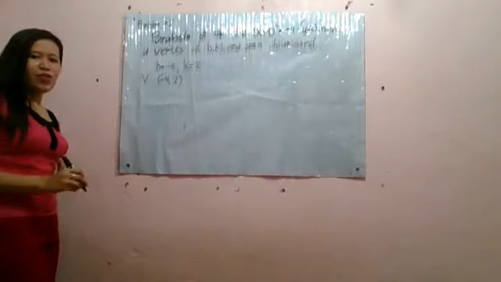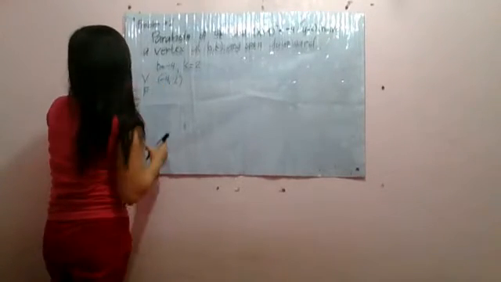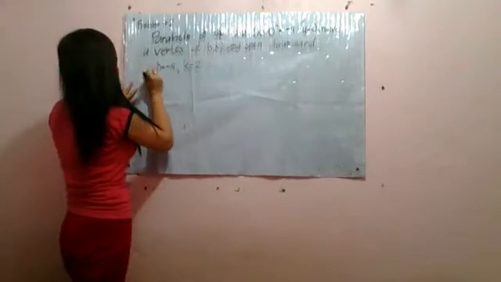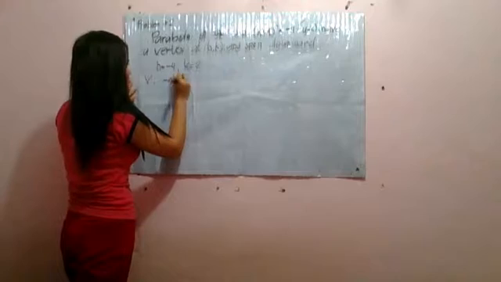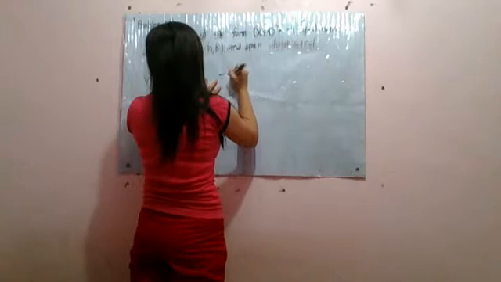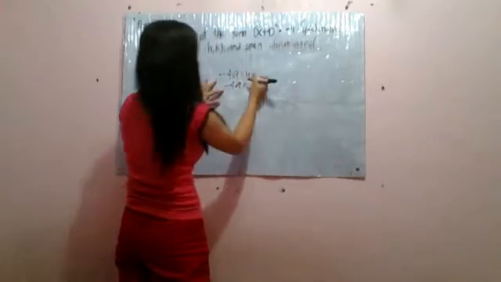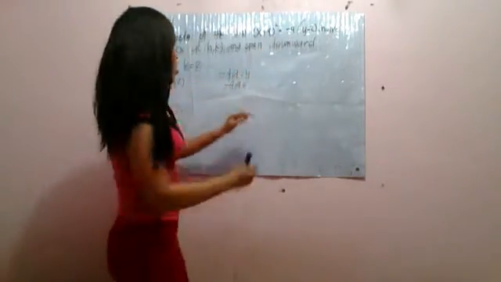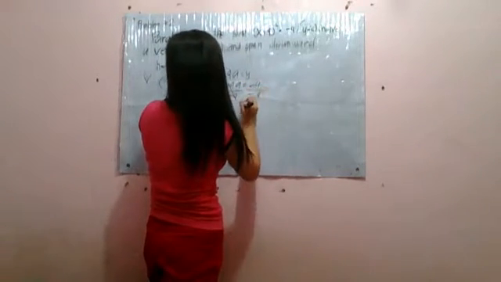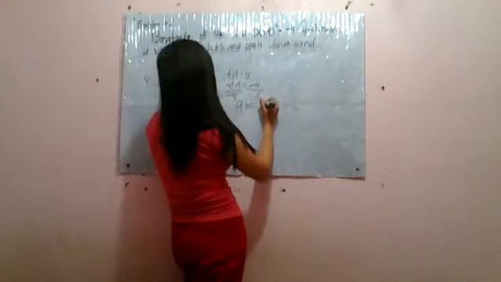And then now, let's find our focus. Our vertex is negative 4, 2. Now let's find the value of our a. The formula is negative 4a equals negative 4. So let's divide: negative 4 divided by negative 4 is positive 1.